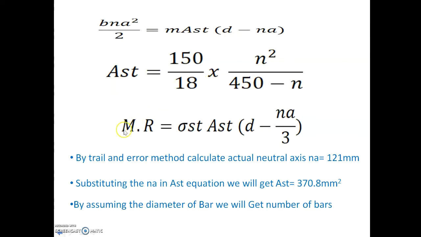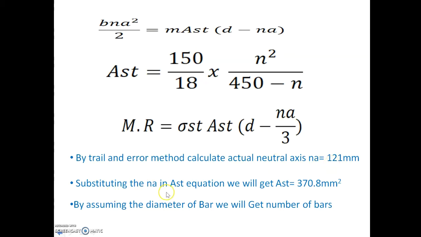In this case, the section is under-reinforced, so the moment of resistance of steel depends on the steel component, that is sigma st into Ast into (d − NA by 3). By using the trial and error method, we have to calculate the actual neutral axis, that is NA is equal to 121 mm.